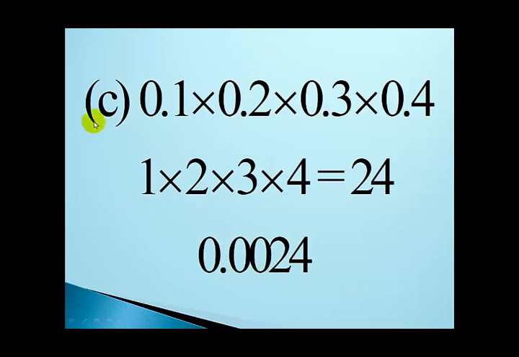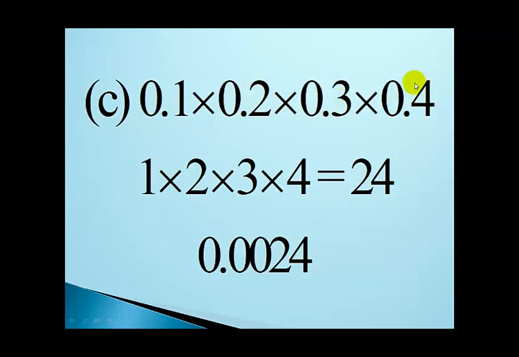Now see, 0.1 times 0.2 times 0.3 times 0.4. So you ignore the decimal point and multiply the numbers. So we have 1 times 2 times 3 times 4, and that is equal to 24. Now take note, we have 1 decimal place here, 1 decimal place here giving us 2, 1 decimal place here giving us 3, 1 decimal place here giving us 4.